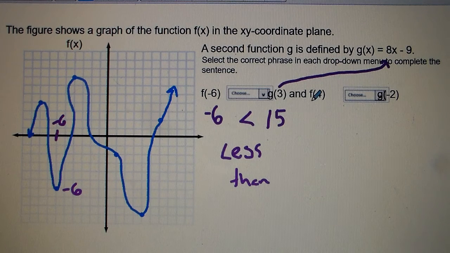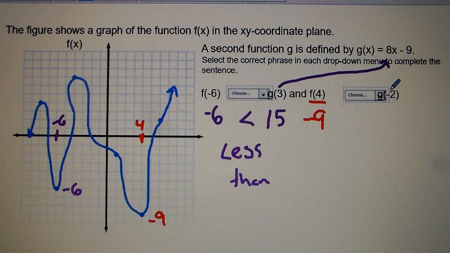Next up, we got to find f of 4. So we go 1, 2, 3, 4. So the function at 4 is down at 1, 2, 3, 4, 5, 6, 7, 8, 9. So that little dot's at negative 9. So f of 4 is negative 9.